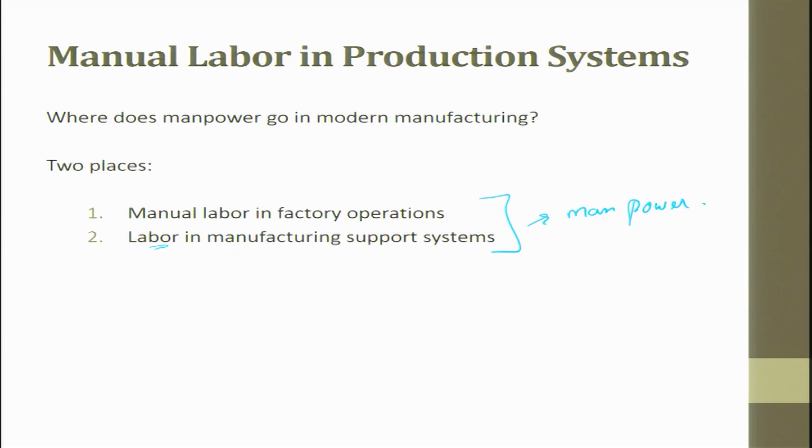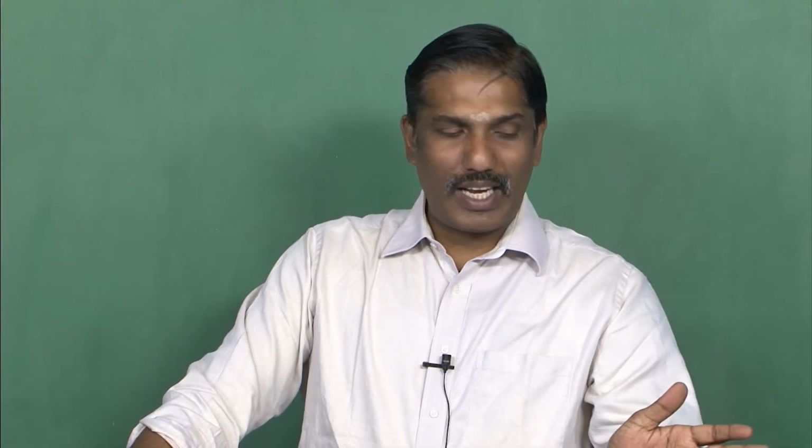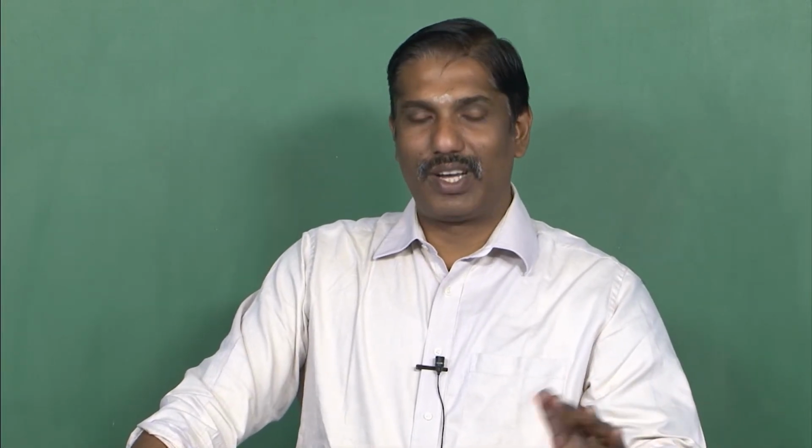So, again we need skilled manpower for this. So, regarding manual labor in production system, the long term trend is towards greater use of automated systems to substitute for manual labor. This is the long term achievement. That is why in India also we are talking about highly skilling people, so that they can be flexible to shift jobs very fast, and they are quality conscious and they produce what the customer wants.